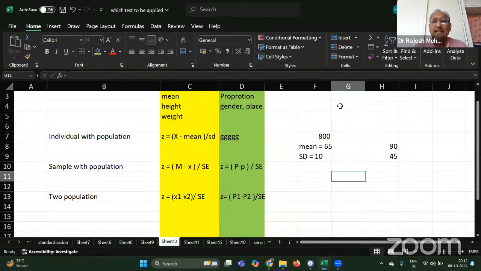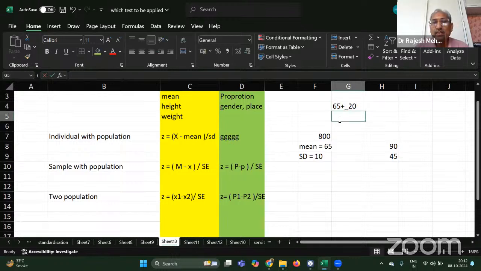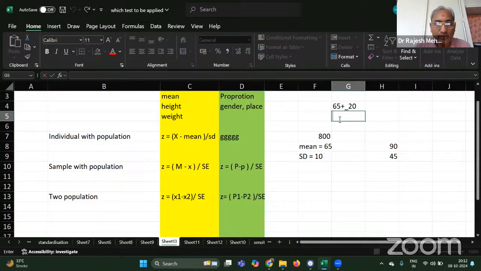One thing is that 95% will be covered within the mean plus minus 2 standard deviations. That means 65 plus minus 2 standard deviations, that is 20. So you can say that the range would be 45 to 85.